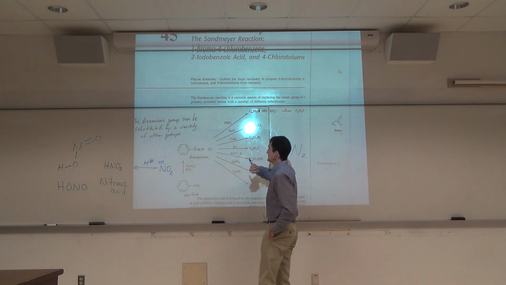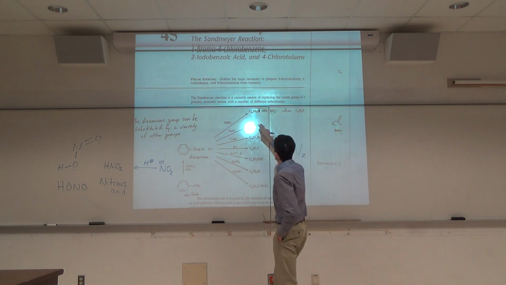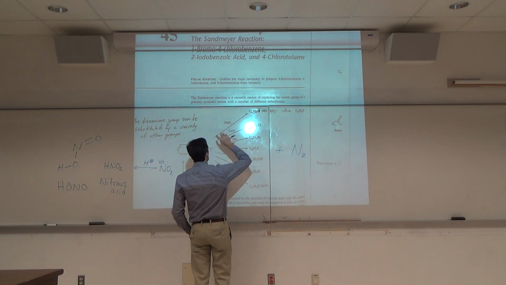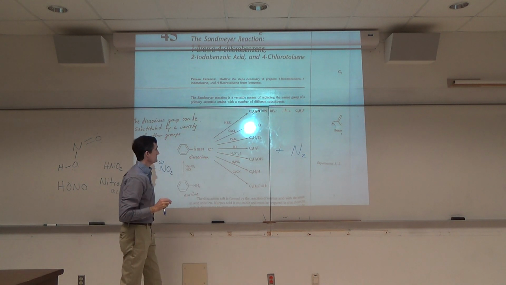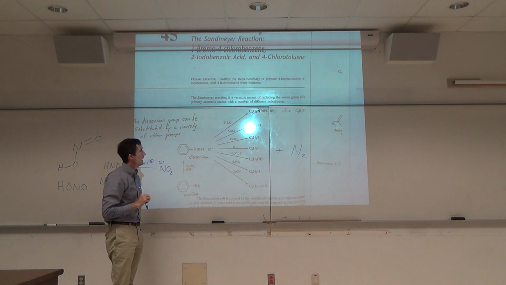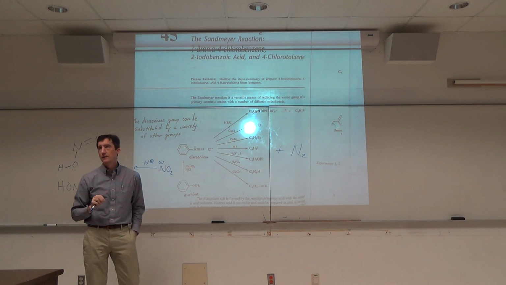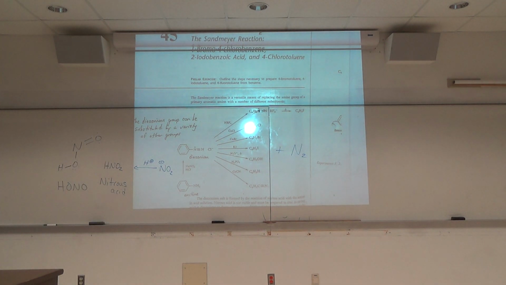For the F, you don't typically use just copper fluoride or something. Instead, you can see there, you treat your diazonium with HBF4, tetrafluoroboric acid.